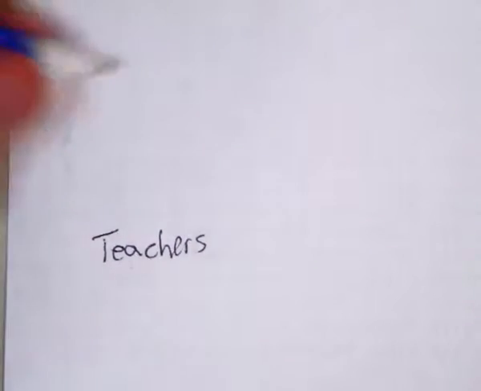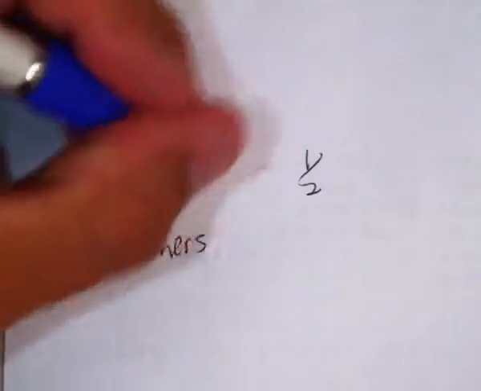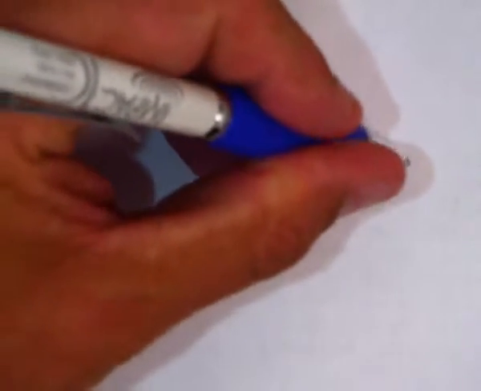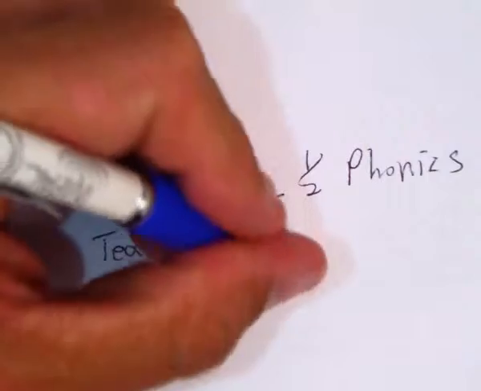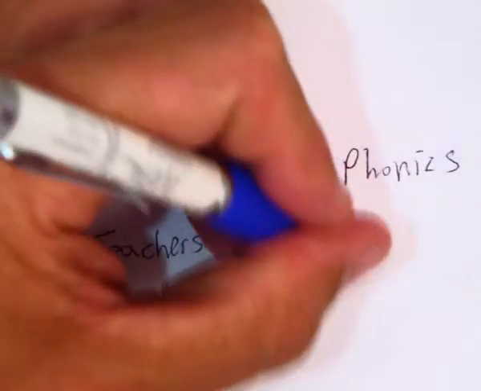So, what we have, you could do, I'm going to do this through the teachers, you could do this through the students, but basically you've got teachers, and then you're going to train half to use phonics and half to use whole language.